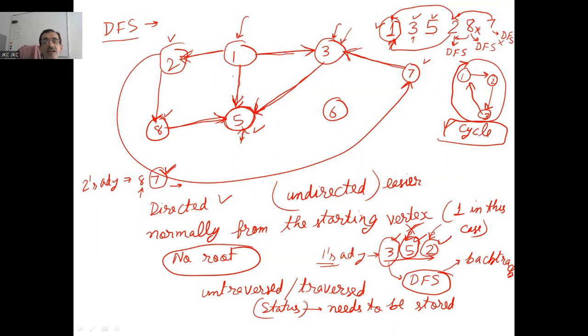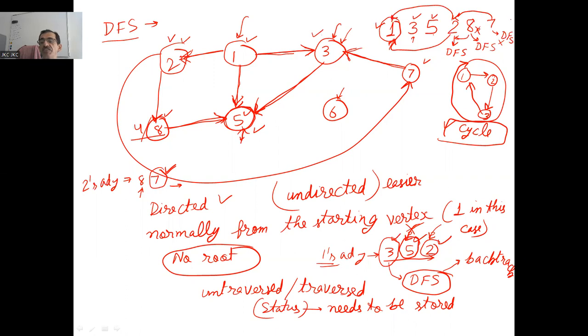Nothing left means, again, I have to find any vertex which is untraversed and resume the process. I find 1 is already traversed, 2 is already traversed, 3 is already traversed. There was, let's assume, some 4 node also, maybe this was 4 or 8, whatever you say, that is already traversed. 5 is already traversed. 6 I find untraversed.